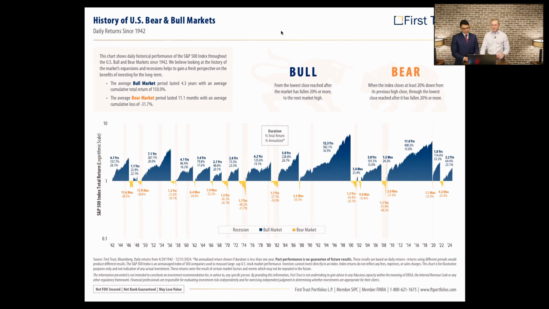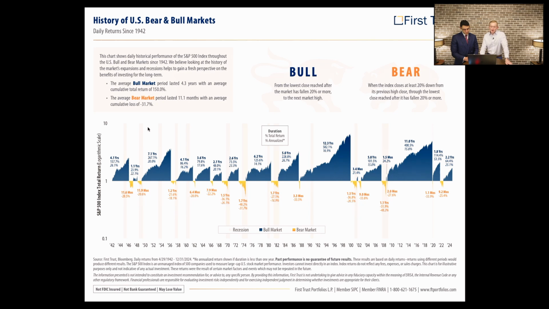And the chart here shows us some really interesting data. It goes back to 1942. The blue lines being bull markets, bear markets being in this orange. And then you can see these gray bars. Those are recessions that take place.